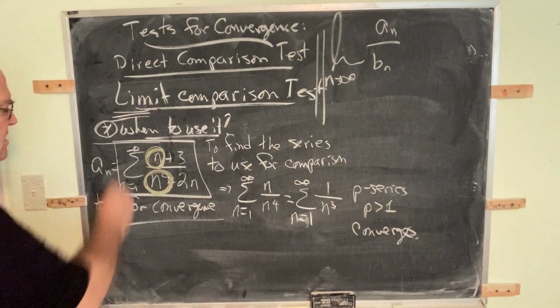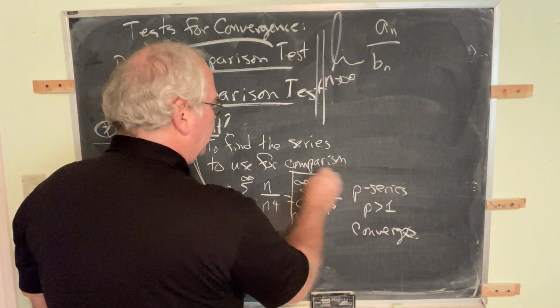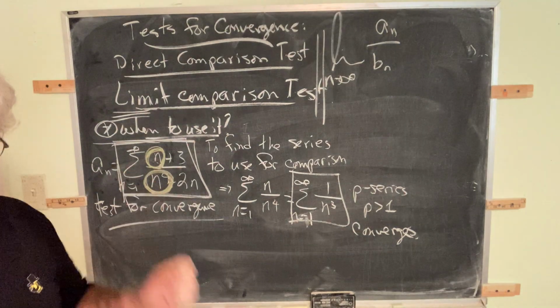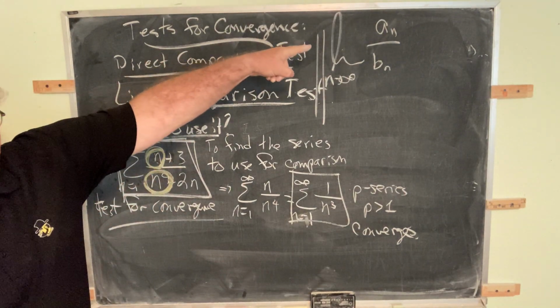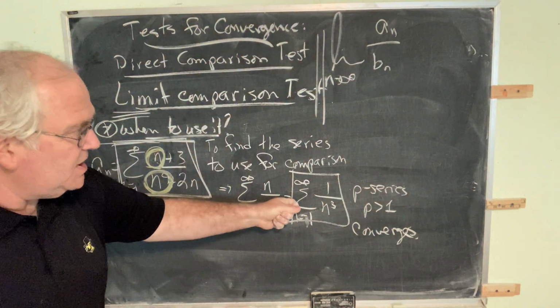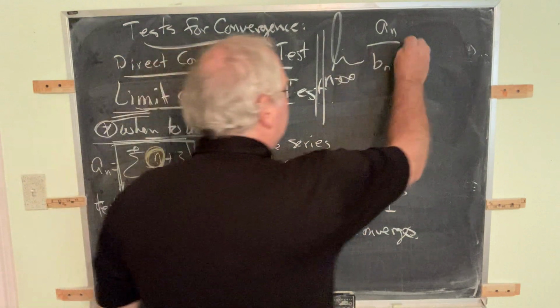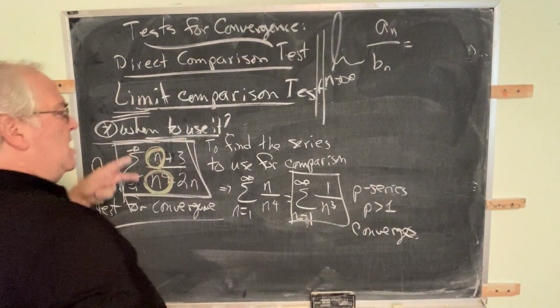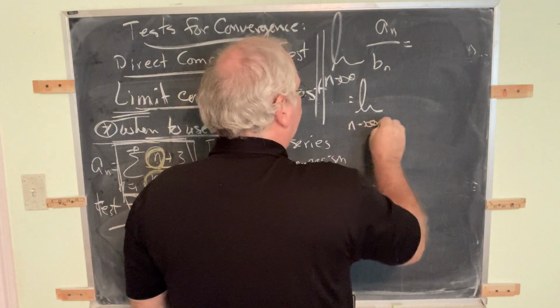This is a series whose behavior we want to learn. This is a series whose behavior we know. This is the unknown series, a. This is the known series, b. And so we form the limit of this unknown over known, limit as n goes to infinity.